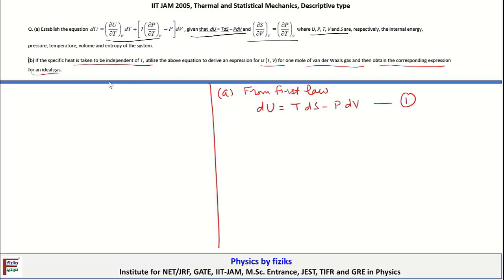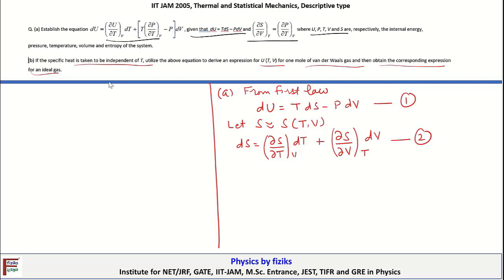Now we will assume here, let entropy be a function of T and V. From this information we can write dS equal to (dS/dT) at constant volume dT plus (dS/dV) at constant temperature dV. Let's call this equation 2. Now we will put the value of dS from equation 2 in equation 1.